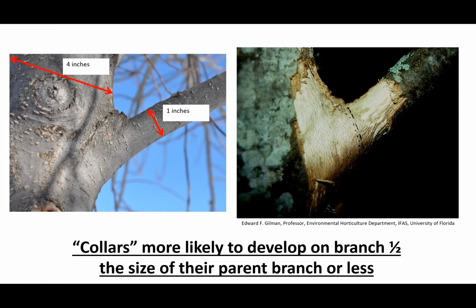The lateral branch has to be small enough for a collar to form. If the branches are of equal size or close to equal size, a collar does not form there where they meet. There's still going to be connection between the tissues, but they don't overlap. And so that's a big thing to understanding structural pruning. A lot of what we're doing is trying to keep lateral branches small relative to the size of their parent branch so a collar will form.